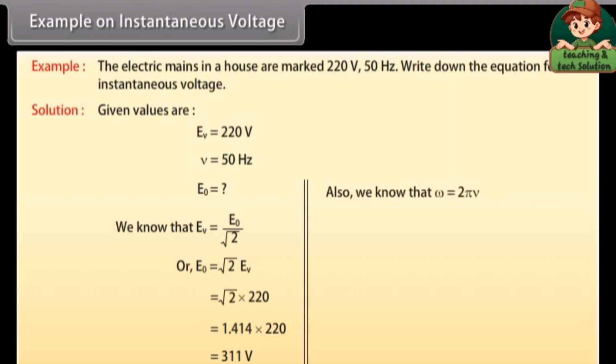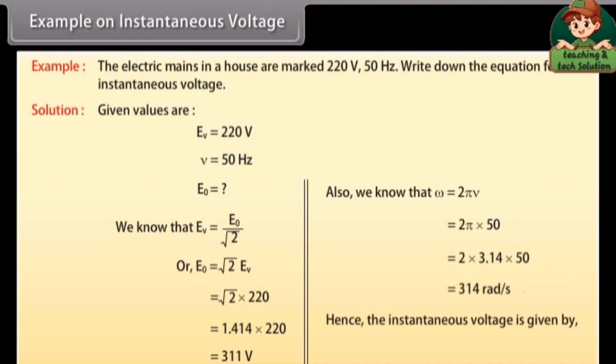Also, we know that omega is equal to 2 pi nu. On putting the values, we get omega is equal to 314 radian per second. Hence, the instantaneous voltage is given by E is equal to 311 sine 314 t.